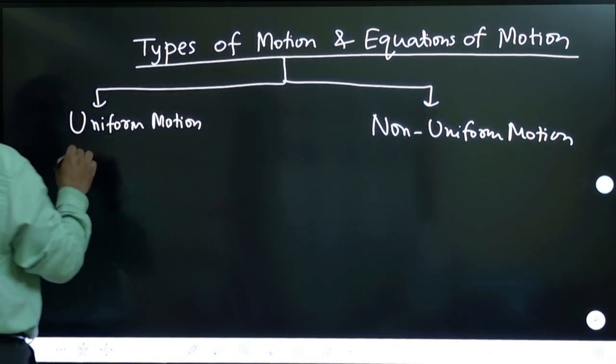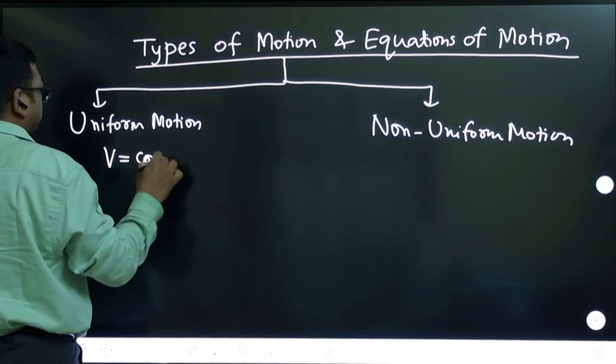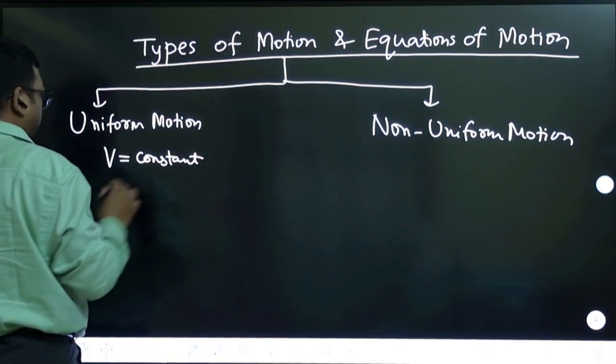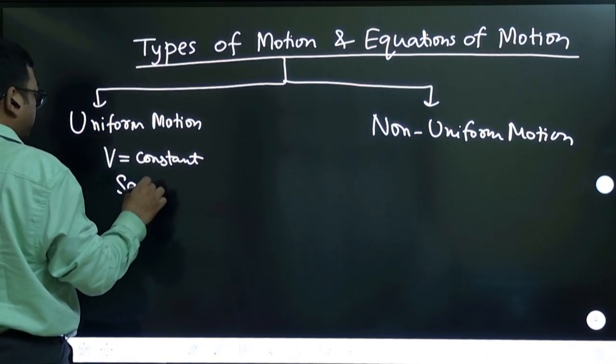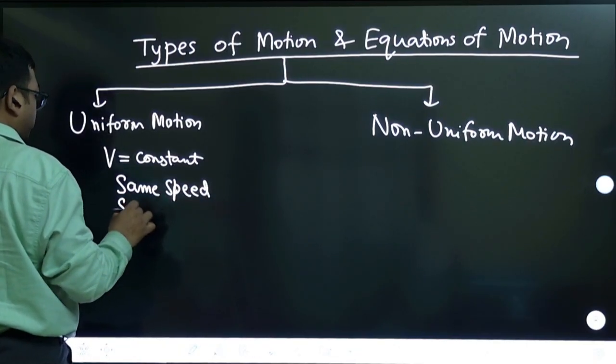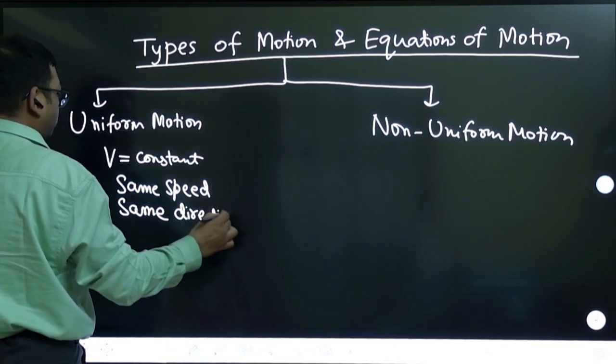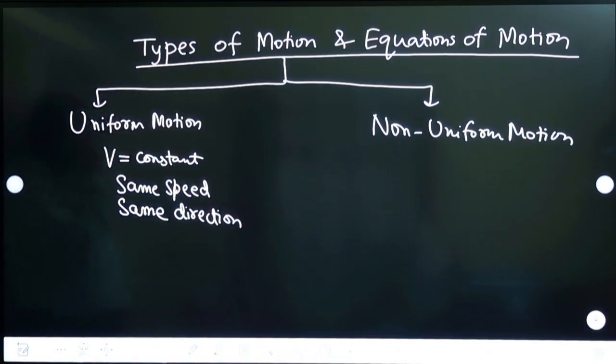So uniform motion means velocity is constant. That means what? Same speed and same direction. Same speed, same direction means velocity is constant.